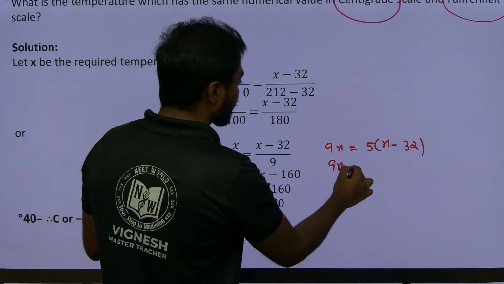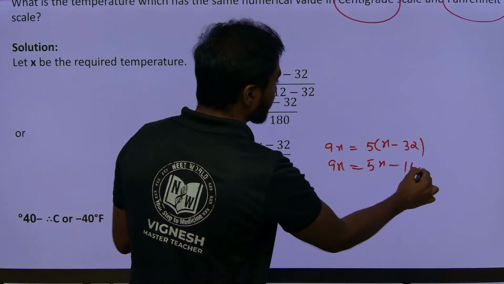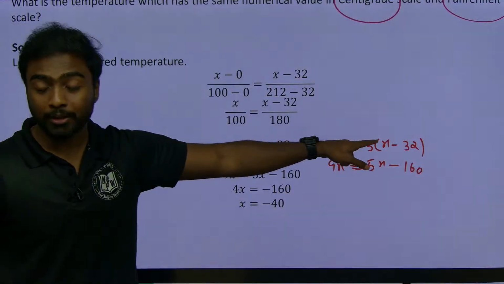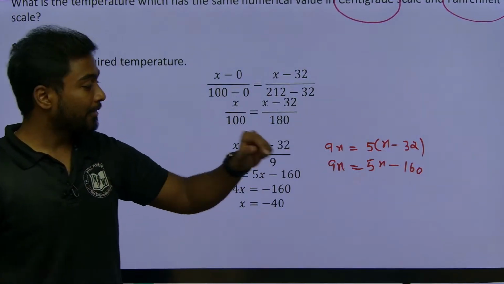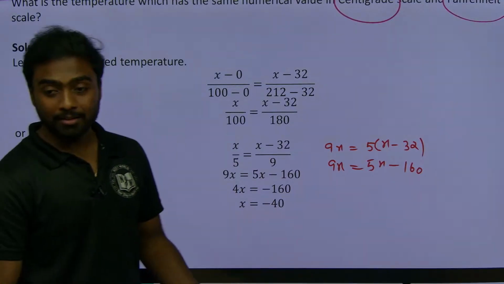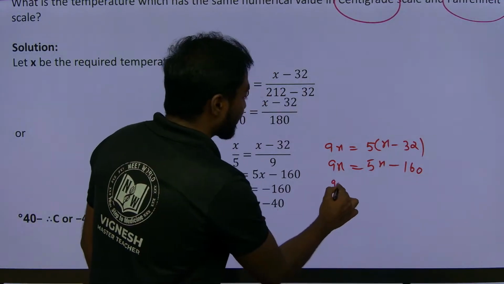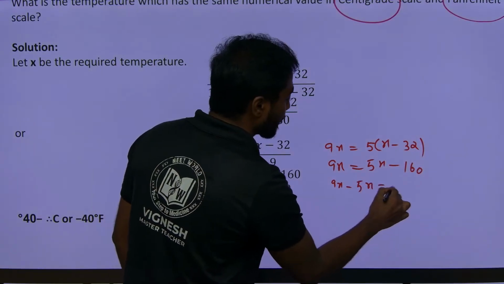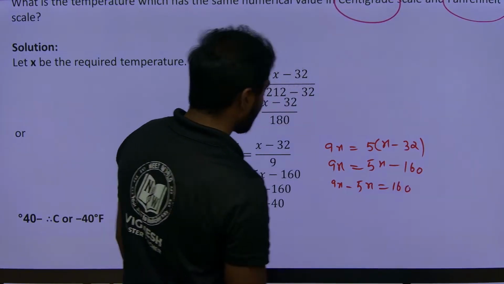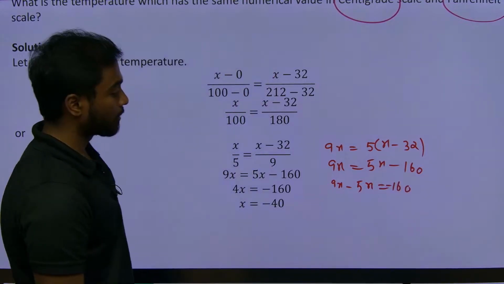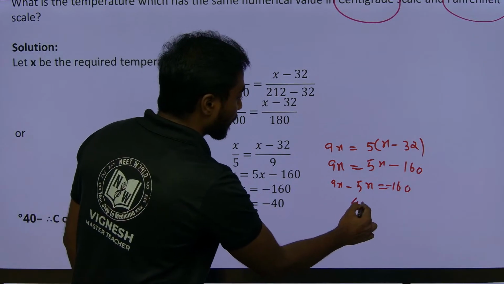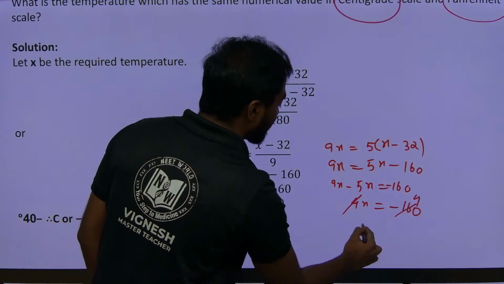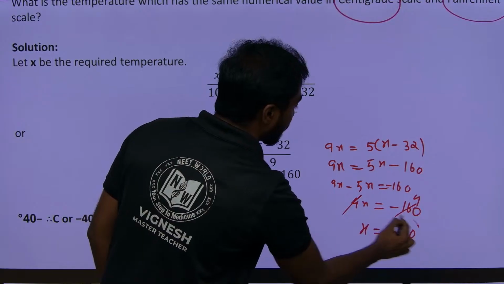So this is 9x should be equal to 5x minus 160. 10 times 32 is 320, and half of it is 160. So 9x minus 5x should be equal to minus 160, so it is 4x should be equal to minus 160, and so x should be equal to minus 40.